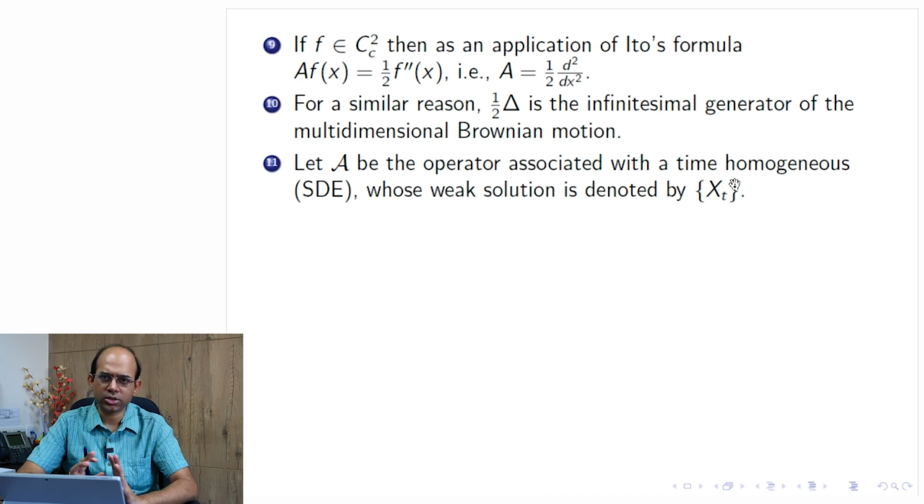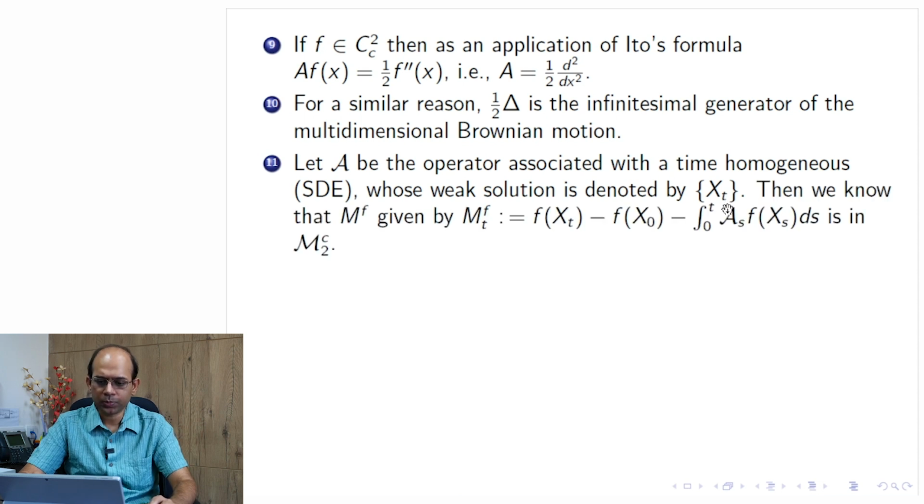Weak solution is actually the triplet X_t, W_t, and the probability space and filtration, but here we are suppressing those things, just writing X_t. If that is the case, then we have seen a theorem.